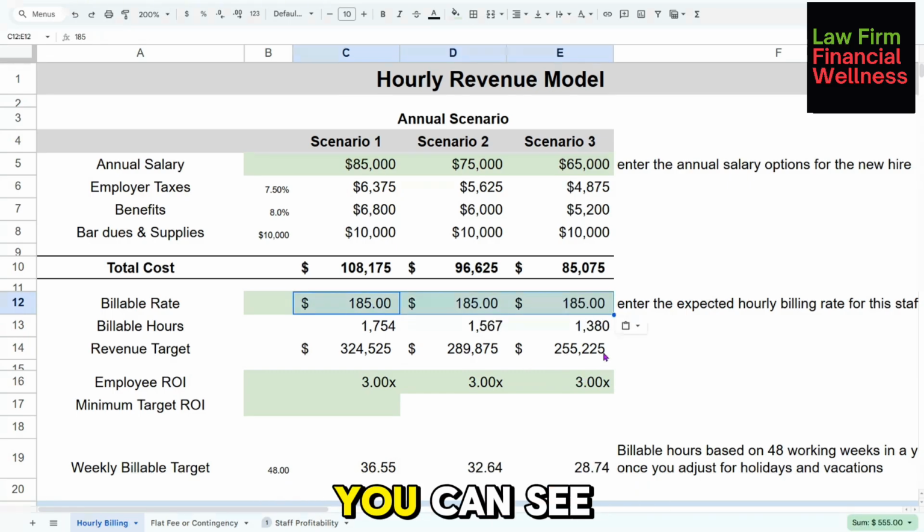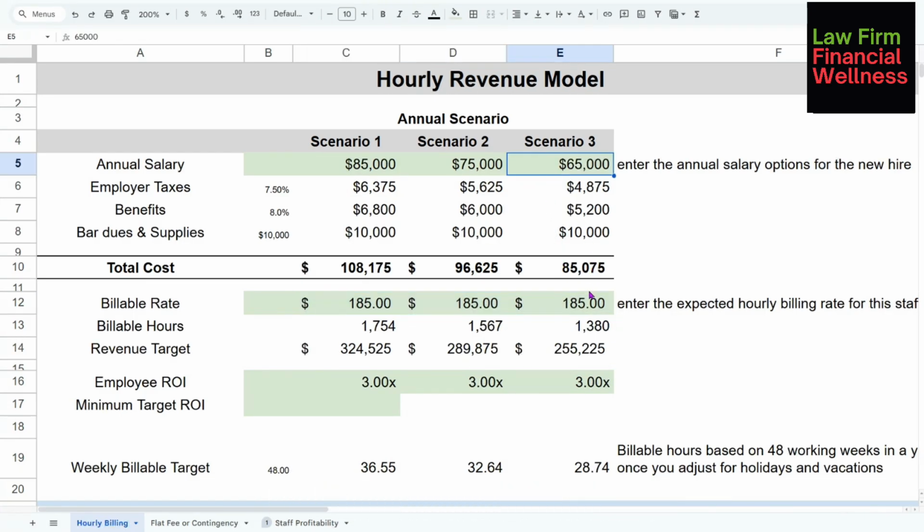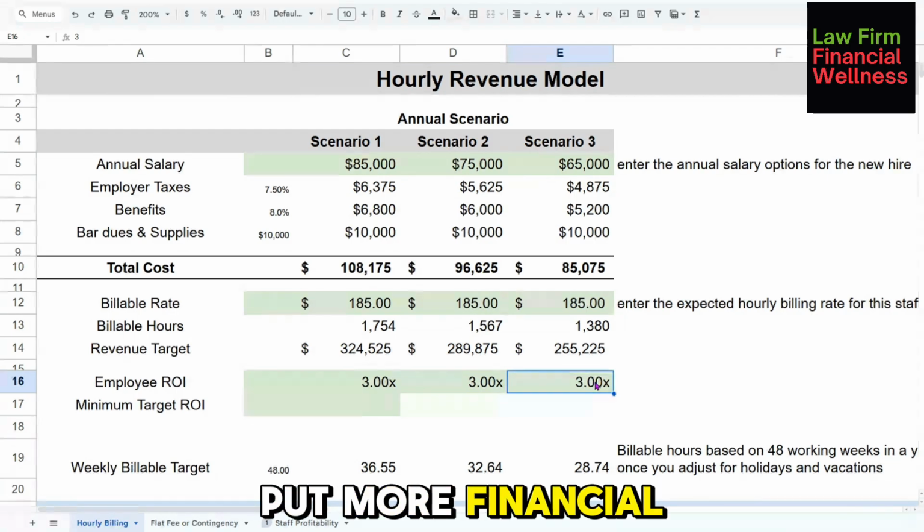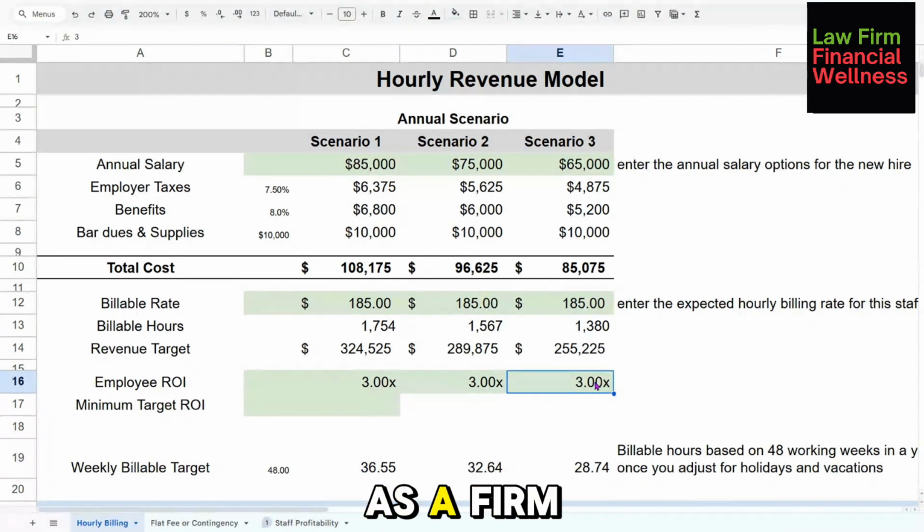So here what you can see, the two drivers that you're going to have is either changing their salary or changing the billable rate, or you lower the target. Now, I am not a fan of lowering the target, because that's just going to put more financial pressure on you as a firm, and it's going to lower your profitability.